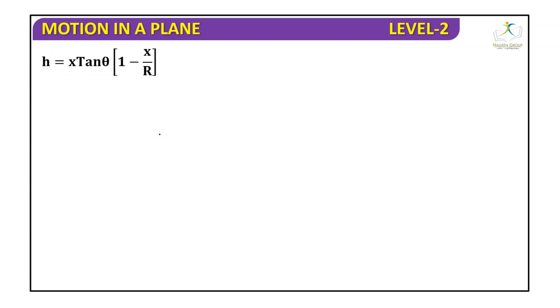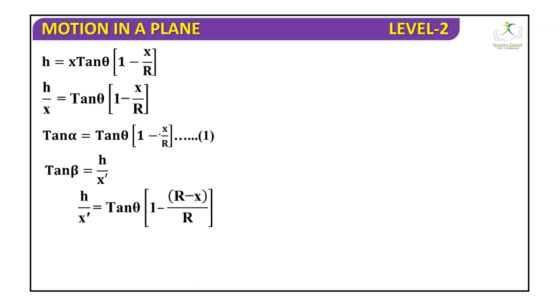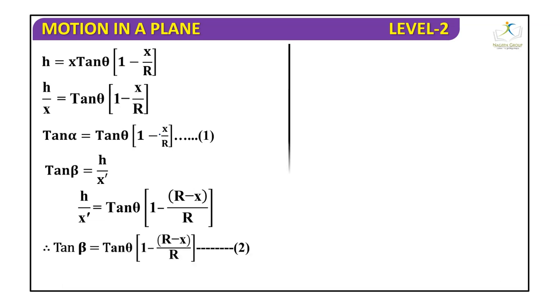So h is equal to x tan theta times 1 minus x by R. So h by x is equal to tan theta times 1 minus x by R. Tan alpha is equal to tan theta times 1 minus x by R. Tan beta is equal to h by x prime. That is, h by x prime is equal to tan theta times 1 minus (R minus x) divided by R.